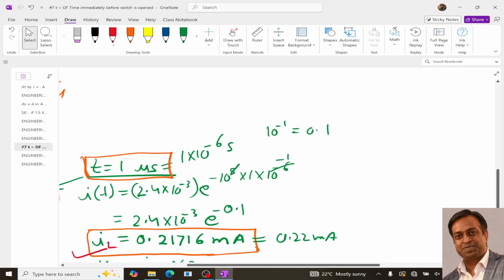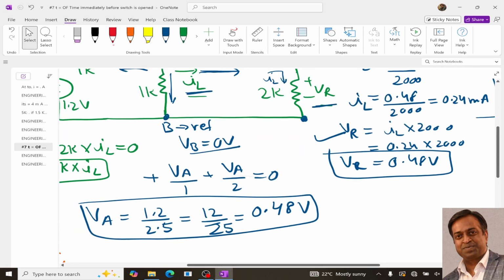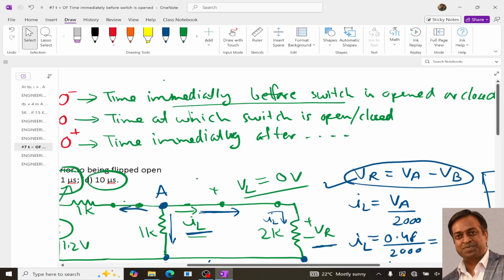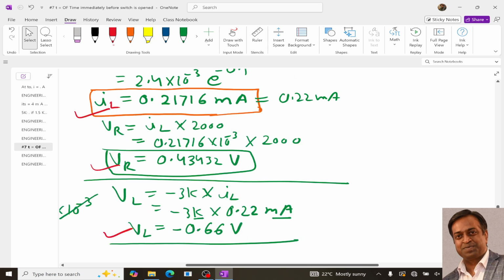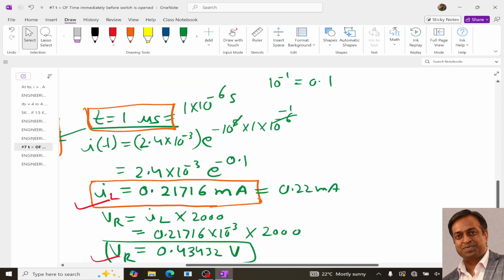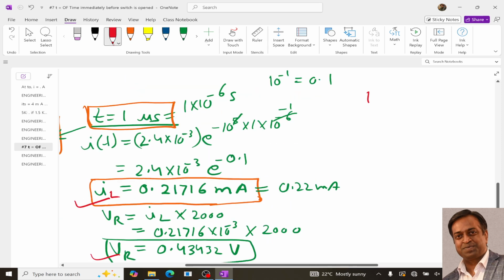Now the next part is that we need to determine at t equals to 10 microsecond. So exact same thing we will follow. At t equals to 10 microsecond, it means it is 10 into 10 power minus 6. So it is 10 power minus 5 seconds.